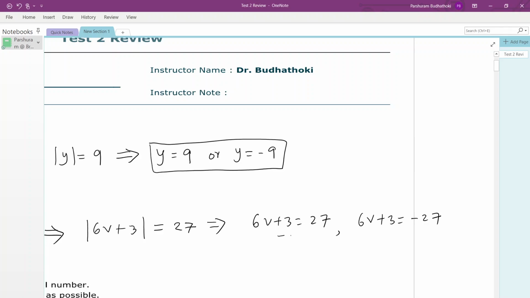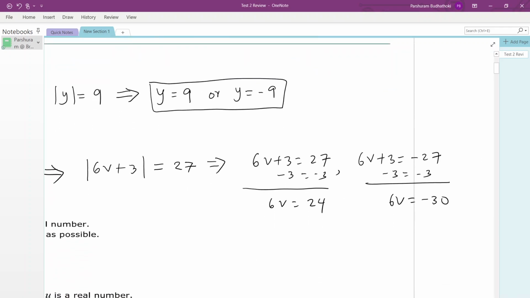For that, let's subtract 3 from both equations. The first one gives us 6v equals 24, and the second one gives us 6v equals negative 30. To solve for v, we just divide both sides by 6 for both of them.